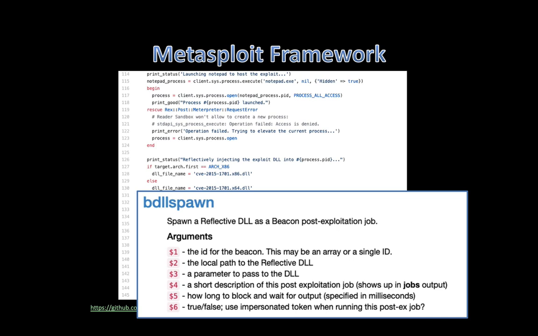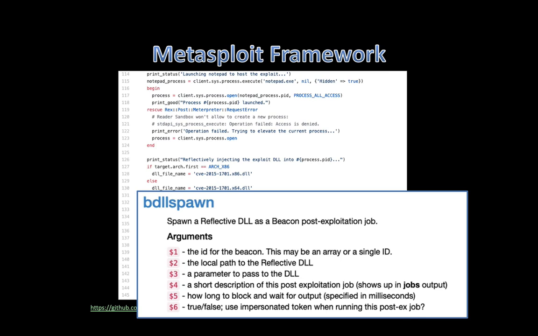I want to show you a function, bdll_spawn. This is part of Cobalt Strike's Aggressor Script scripting language. As arguments, it accepts a path on your local system to a reflective DLL and a parameter to pass to that DLL.